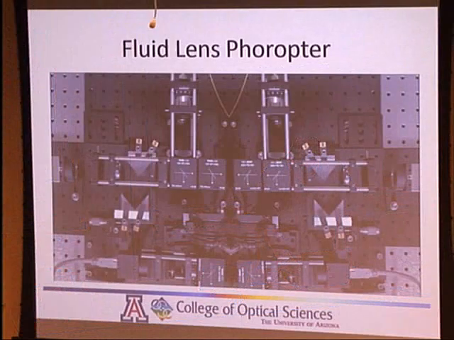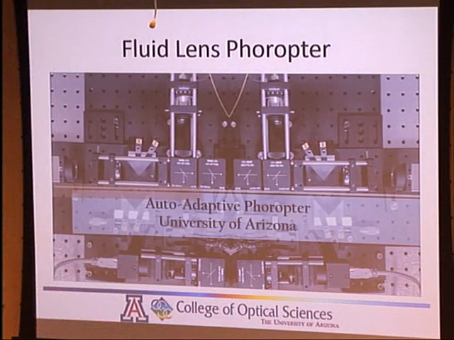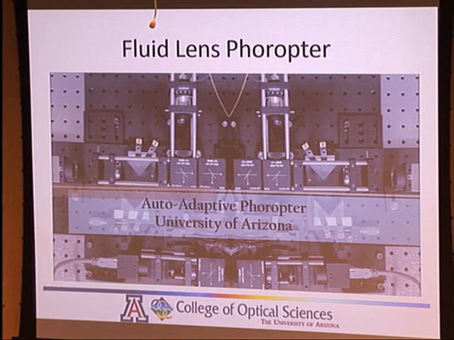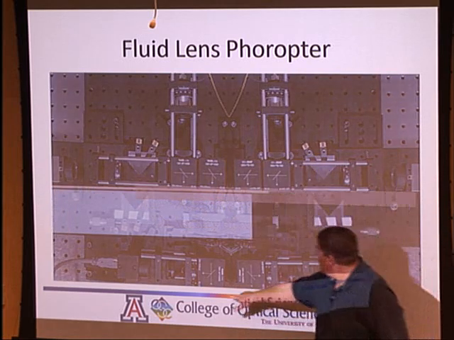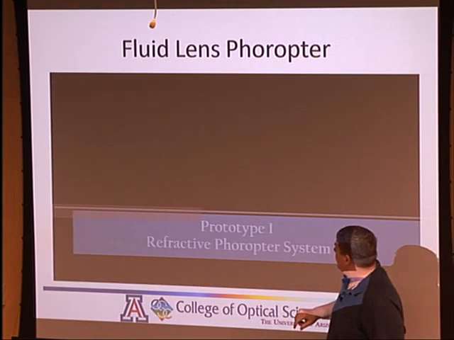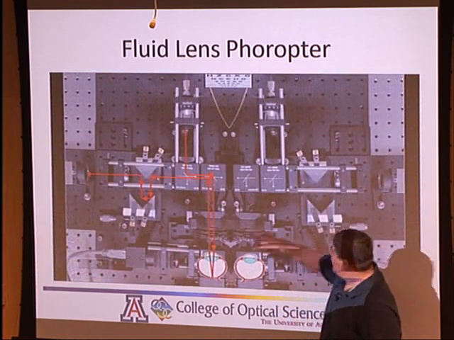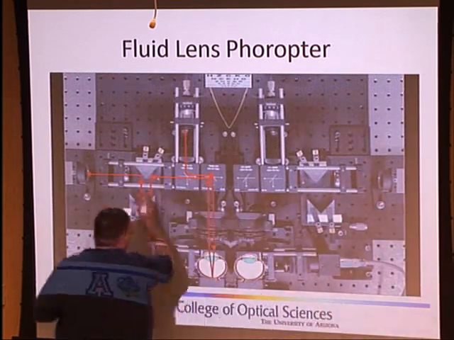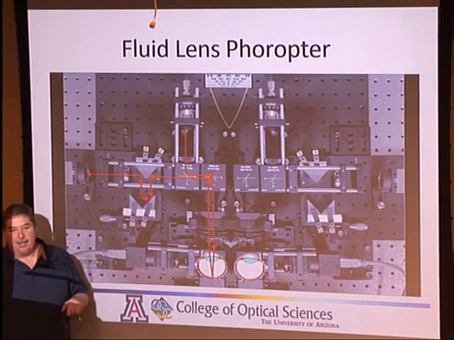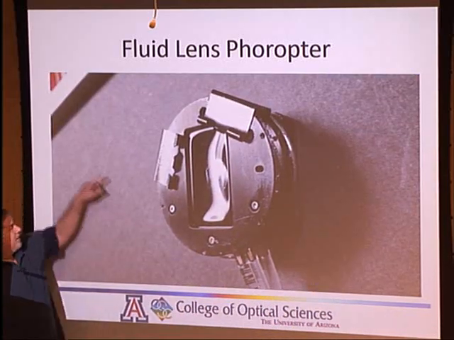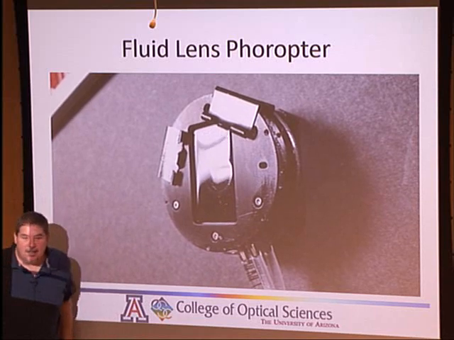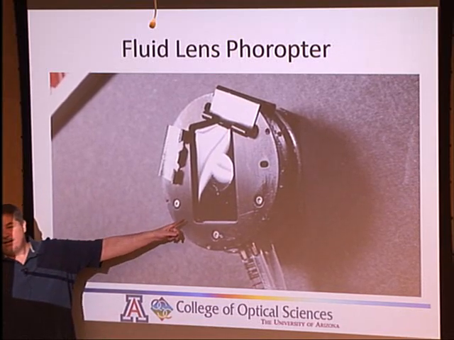Let me go back to the beginning here. In the system, the 2 eyes go down here, and over here is a sensor that automatically measures the error in the eye and feeds back into the pumps, which pump the fluid in and out of the lenses.